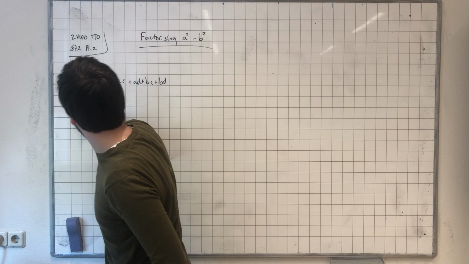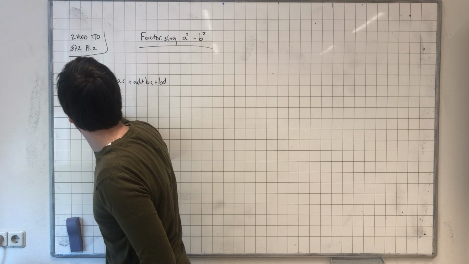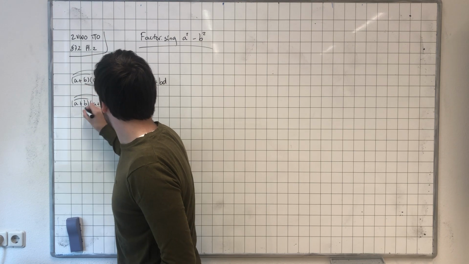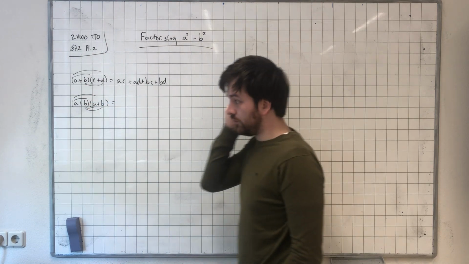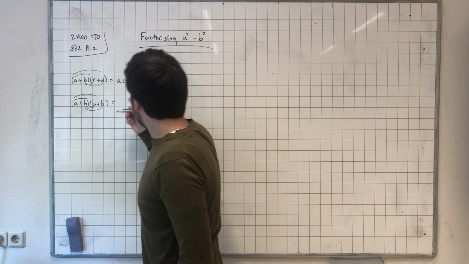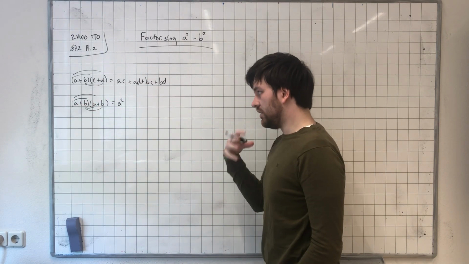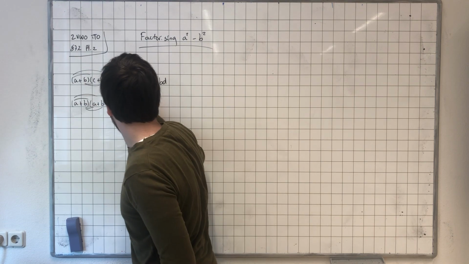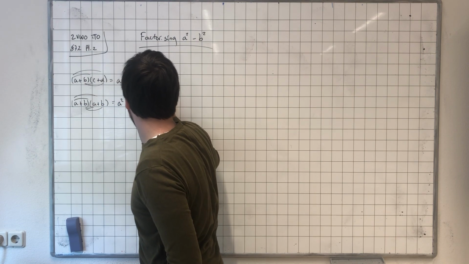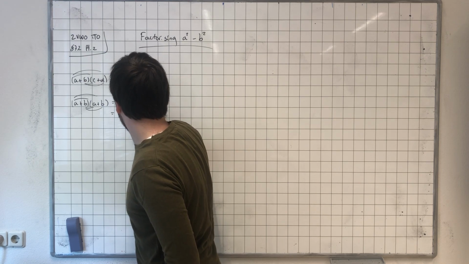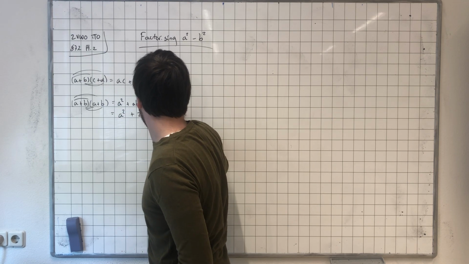So for example, if we had (A plus B) times (A plus B), same thing, but these things change the term. So what's A squared? Because A times A is A squared plus AB plus AB plus B squared, which is A squared plus 2AB plus B squared.